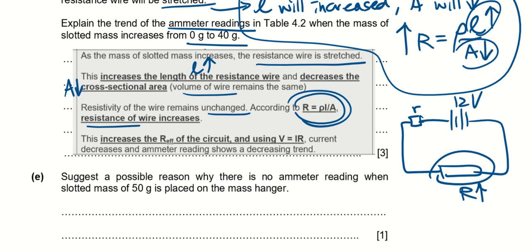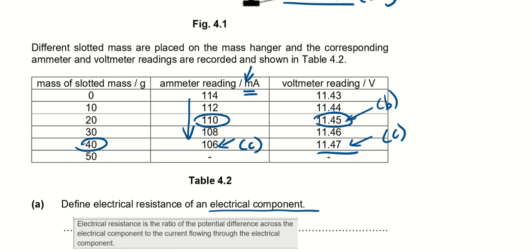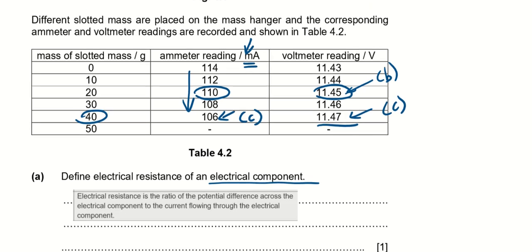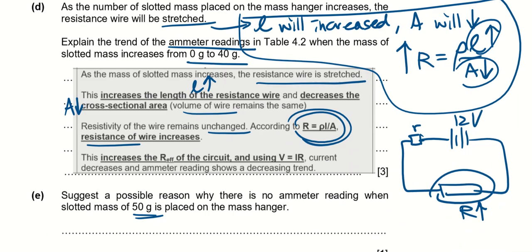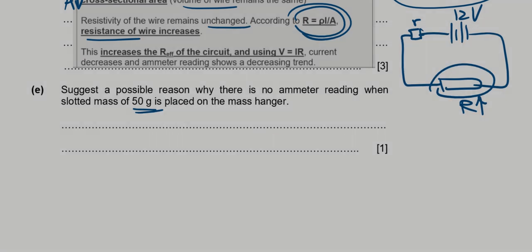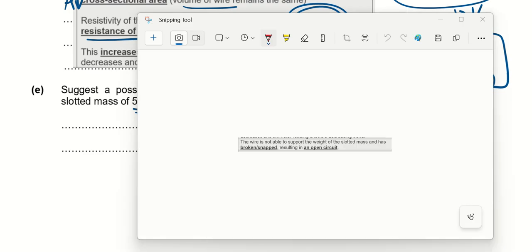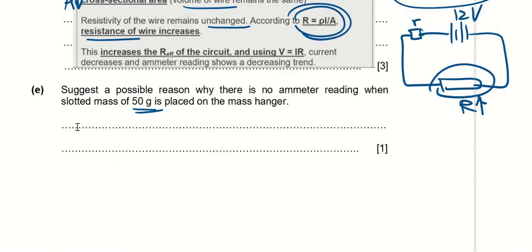Okay, now suggest a possible reason why there's no ammeter reading when a slotted mass of 50 grams is placed on a mass hanger. Let's see. Suddenly there's no reading, right? Possibly it's because the wire has snapped and produces an open circuit.